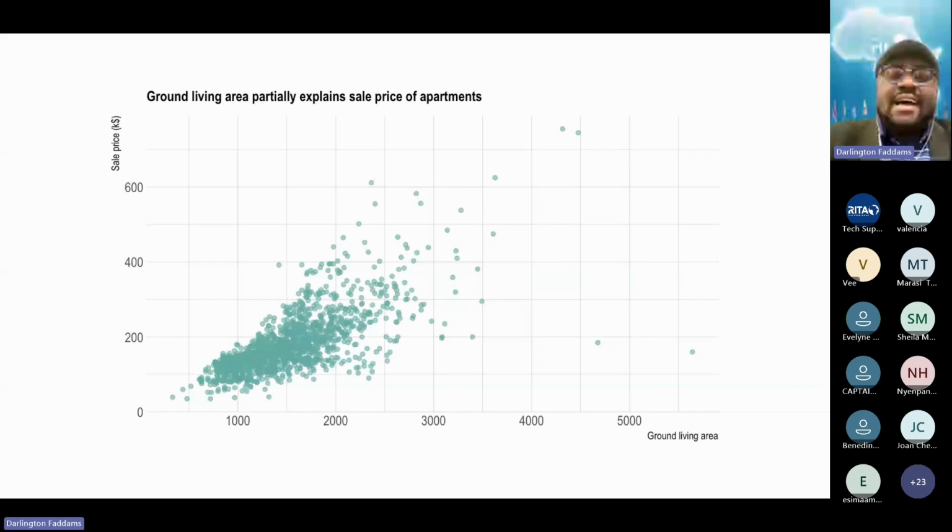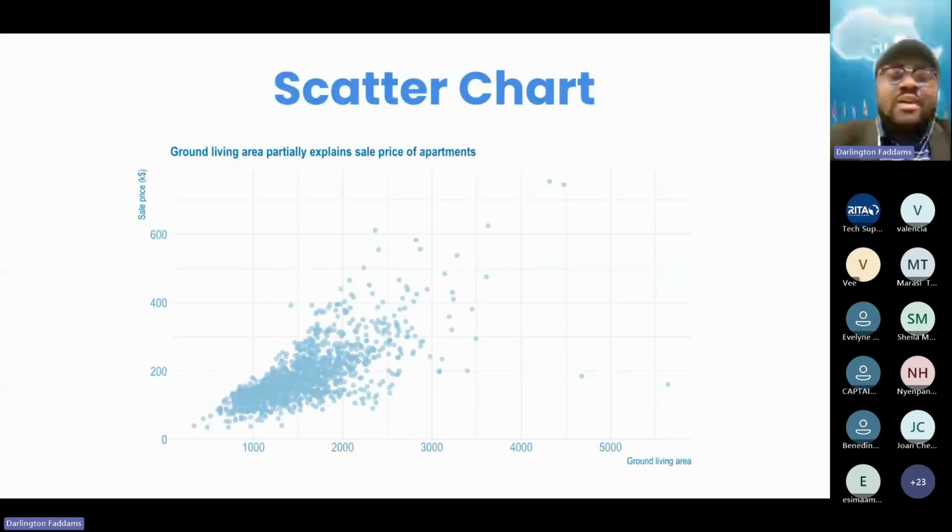As a data analyst, you are going to be working with a lot of scatter charts. You are going to be seeing a lot of scatter charts, and you are supposed to understand scatter charts quite well. You are supposed to create a lot of visualizations in scatter charts and really be good with it.